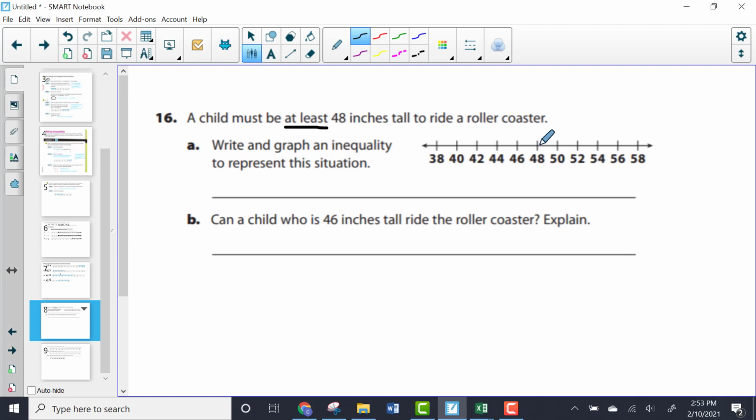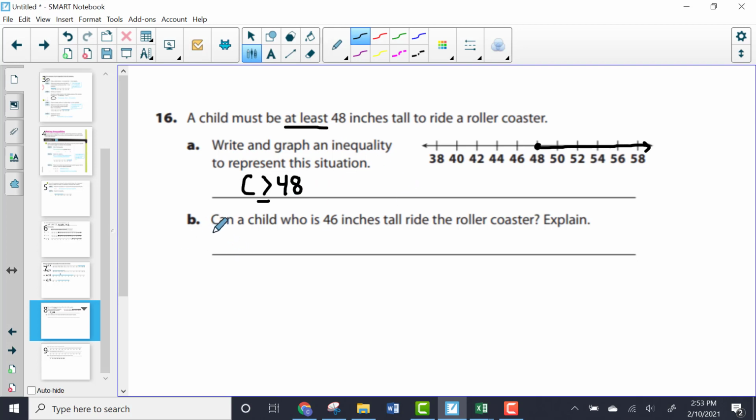In other words, greater than or equal to 48 inches. So we're going to color in that circle, and then shade in the rest of the number line. What this represents is C, for child, has to be greater than or equal to 48 inches.